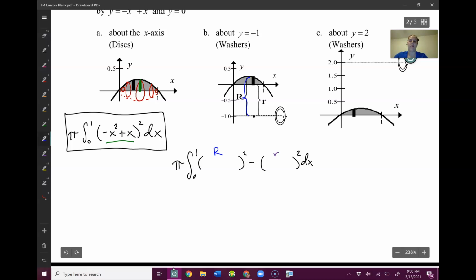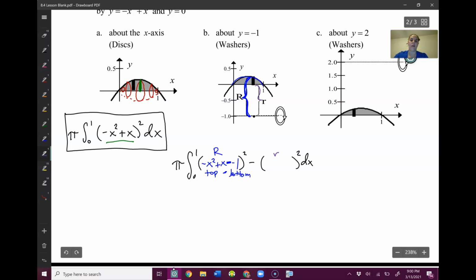Right here you can see our big R. So if I think top minus bottom, my top is my equation, negative x squared plus x, minus the bottom is a -1. Top minus bottom. Same thing that we've been doing for several sections. So that is my big R.